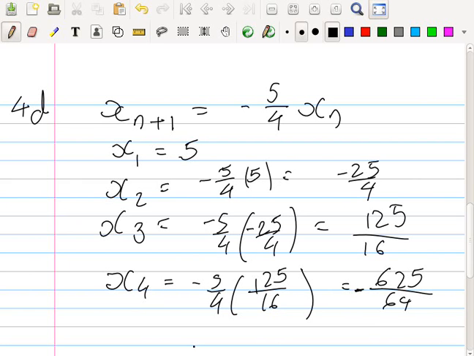Now, convergent, divergent, or periodic? Well, if you want to write the decimals in, what is this roughly? Minus 6.25. So that's about a minus 6. And then what's this one? 7.81. So that's about an 8. And then what's this one? Minus 9.06. So that's about a 10. So to me it seems kind of clear that it's only getting bigger and bigger.